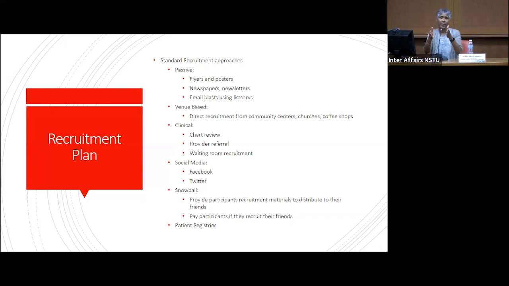I select the patients who have been seen in the last 12 months, pull out a separate database, and then I use a random numbers generator to randomly select patients from that pool. Okay, so there are different strategies that you can use. Even if you have a data set, you can randomly select from that existing data set.